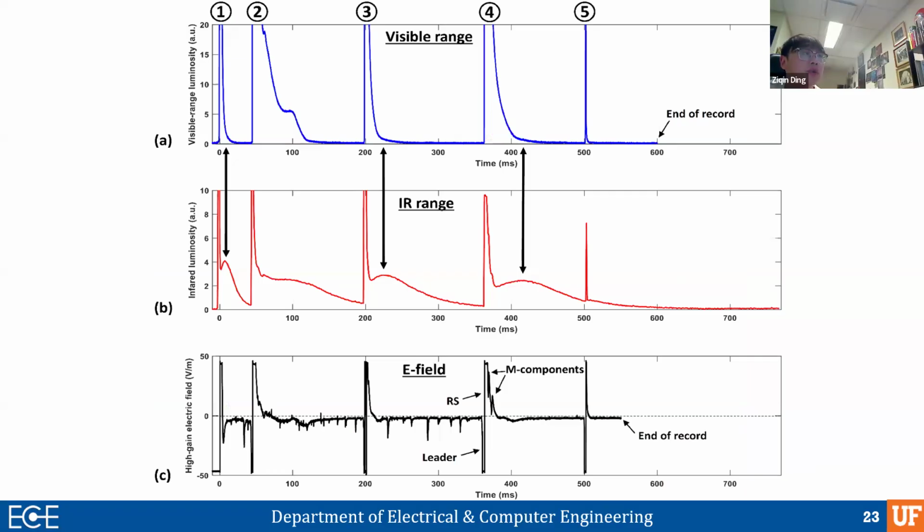The infrared is around 1000 frames per second, which gives you a 1 millisecond interframe interval. For visible, we have 1000 frames per second, which is a 1 millisecond frame interval, and we also have another setting of 20,000 frames per second, which is around a 50 microsecond frame interval.